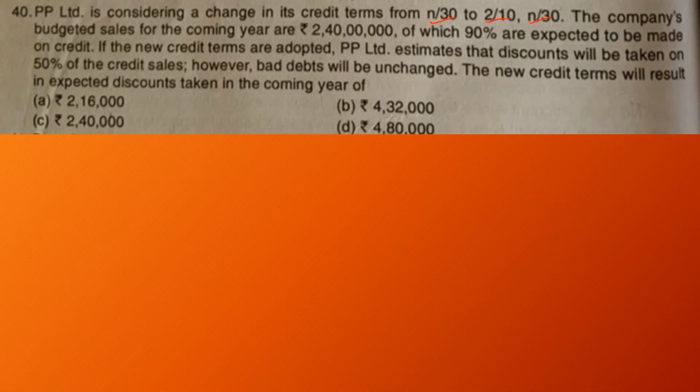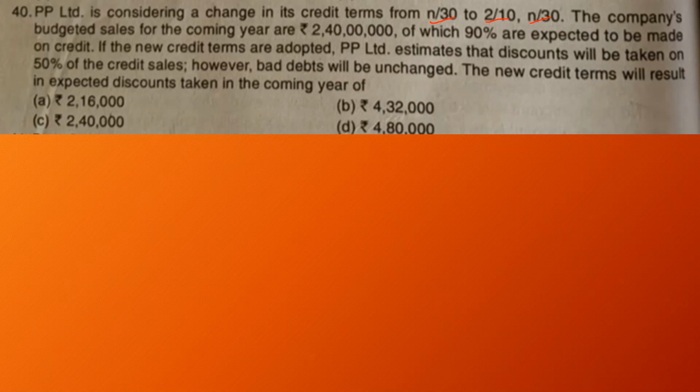So sales are 2 crore 40 lakhs, 90% of it is credit, and what we need is credit sales, so we will calculate 90% of that. If the new credit terms are adopted, PP Limited estimates that discounts will be taken on 50% of credit sales. However, bad debts will be unchanged. This means that if we adopt the new policy, getting 2% discount for payment within 10 days, the discount will be allowed on 50% of the credit sales. That is, we will take 50% of the credit sales we calculate and work out the discount on that.